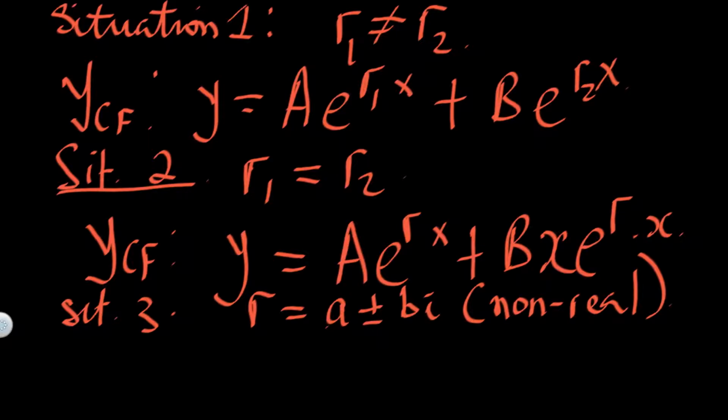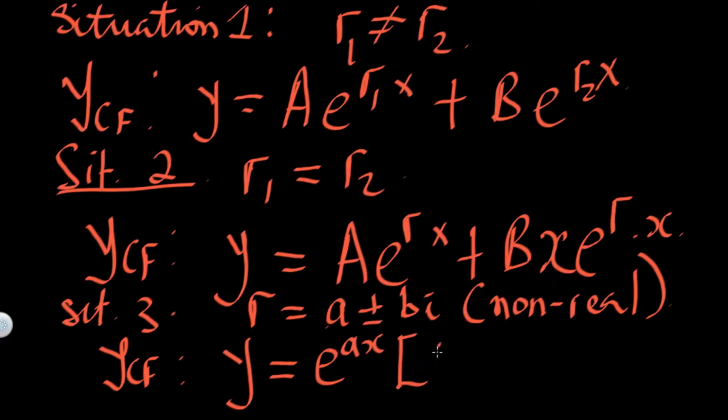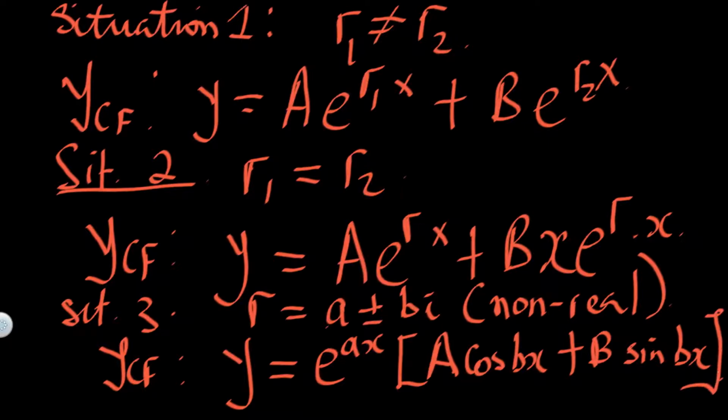If we have that situation, our complementary function y_CF is written as y equals e to the power of ax, multiplied by a cos bx plus b sine bx, and you close the bracket. This is our complementary function if the solutions of the auxiliary equation are non-real, or imaginary, as we call them.